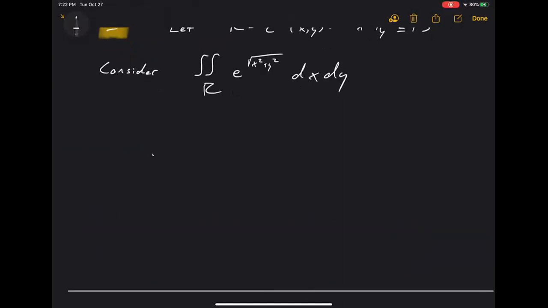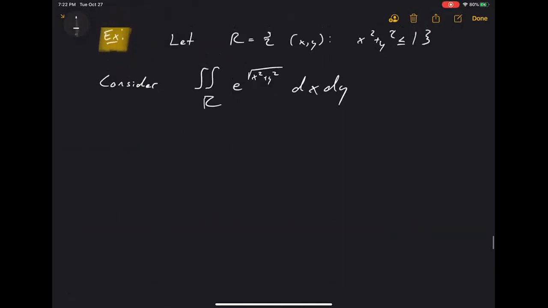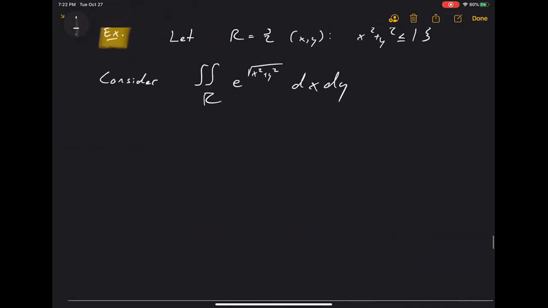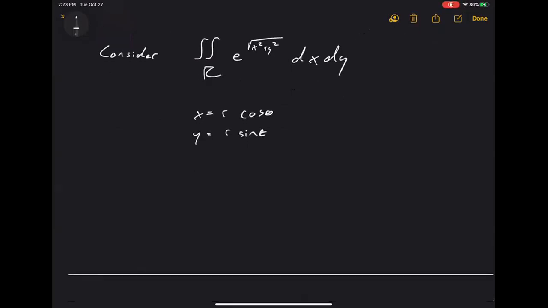So let's see. I could do this the long way, kind of by saying x equals r cosine theta, y equals r sine theta, which I just told you. We could just use this fact and convert our function here. What would this power here become?